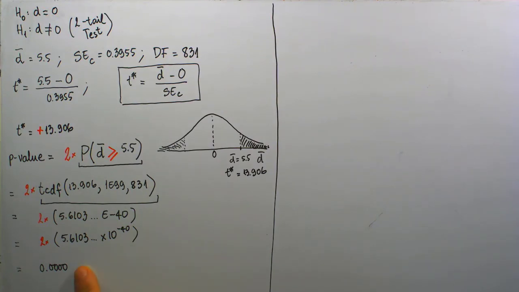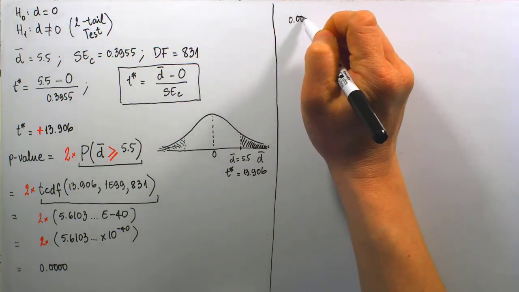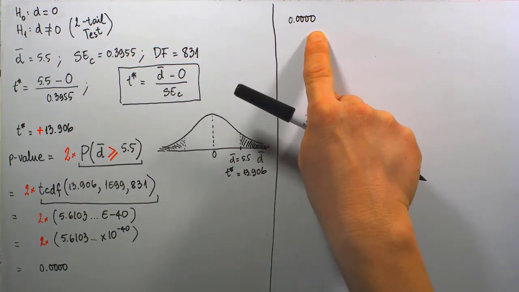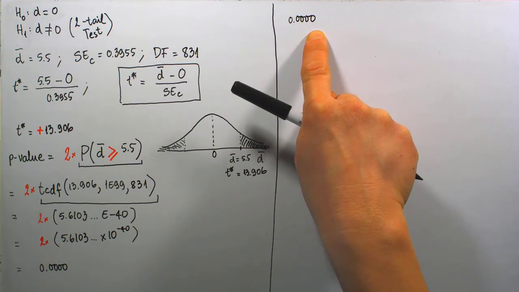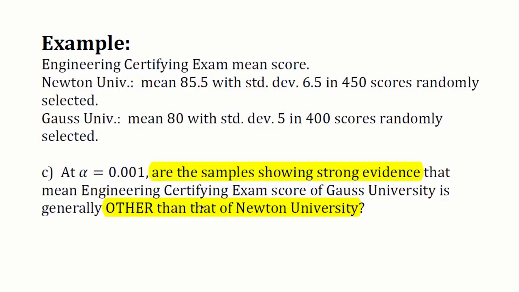So now that we have our final p-value, the next step is to compare this final calculated p-value with the significance level. Back on our lecture notes here, on our computer screen, we had the significance level given as alpha equals 0.001.